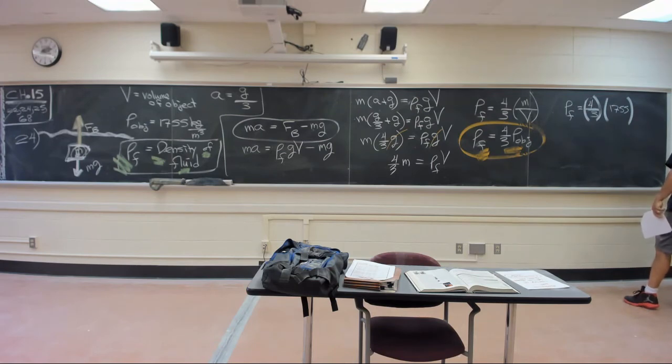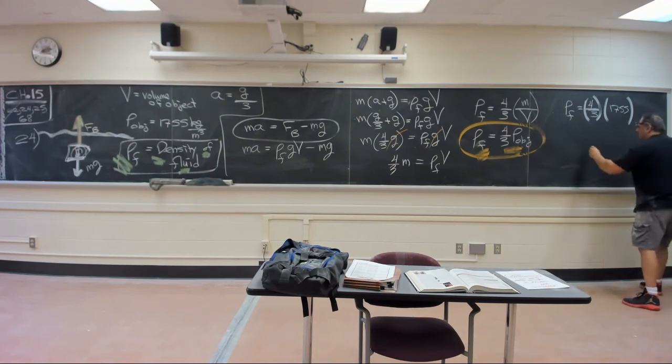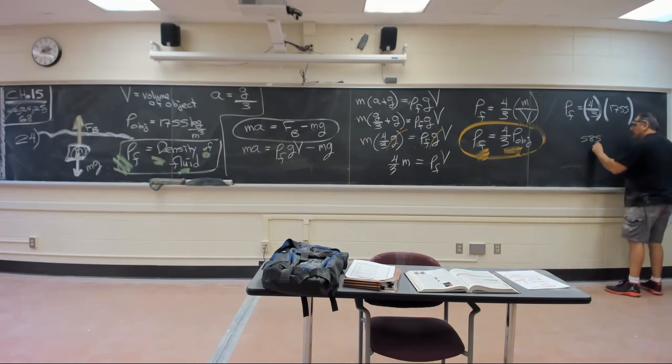For some reason, I'm getting a maybe a little different answer. I'm doing this kind of in my head here, guys. Maybe I shouldn't be. The 585 times 4, that's going to be 2340. Yeah, that makes perfect sense. That's the 2340. Yeah, that's right. It was on there. It was right.